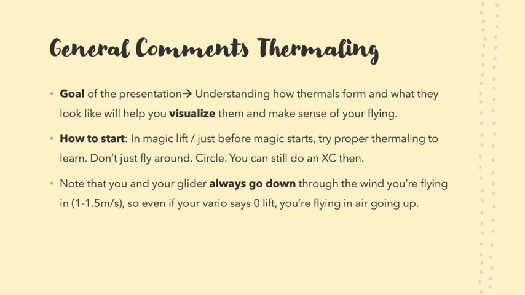Which means that if your vario says you're flying in zero lift, or you're not going up or down, it does mean that you're flying in air that's going up. So it's important to keep that in mind, because that will help you understand why you sometimes may lose a thermal or why not.